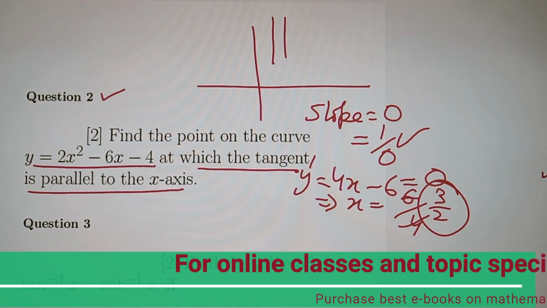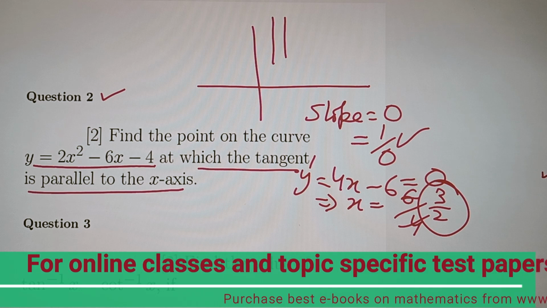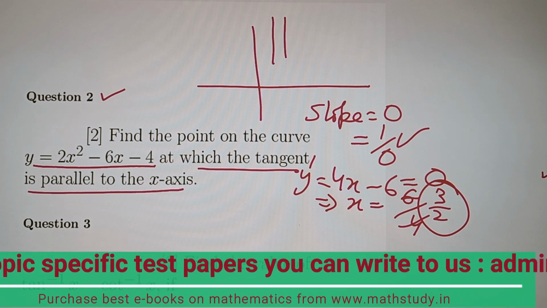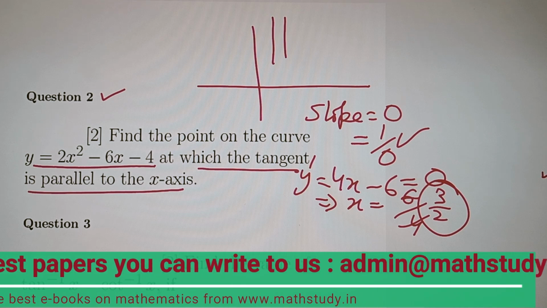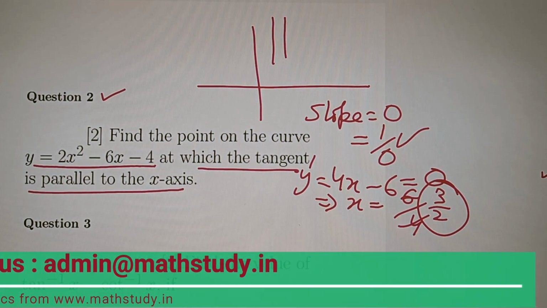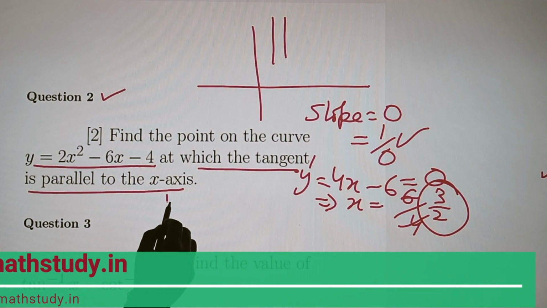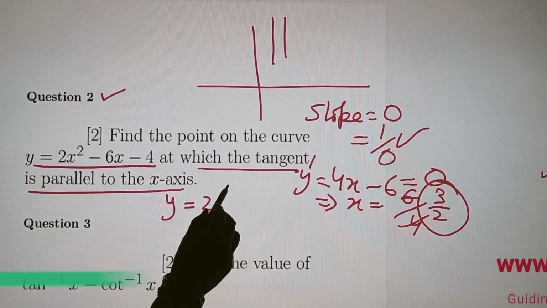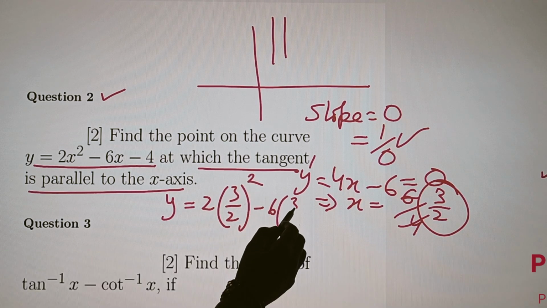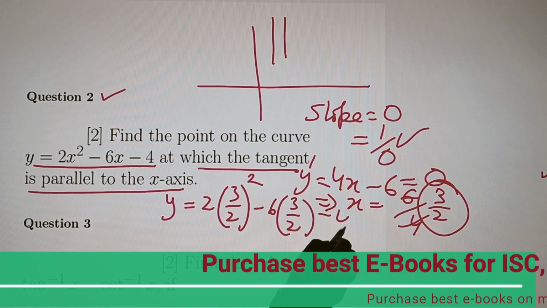Now we have to find the point on the curve. We have already found the x coordinate. Now we can easily substitute this value of x in the given equation to get the value of y. So y is equal to 2 into (3 by 2) whole square minus 6 into 3 by 2 minus 4.